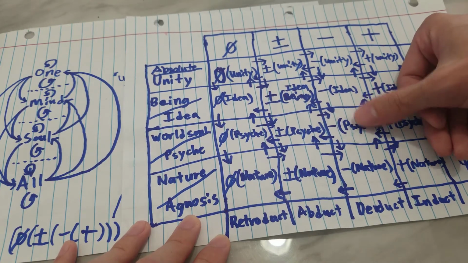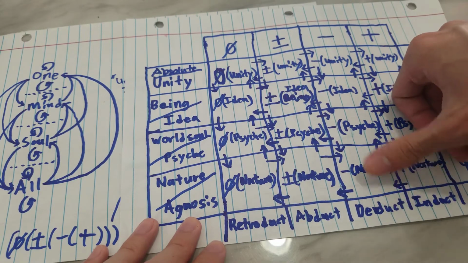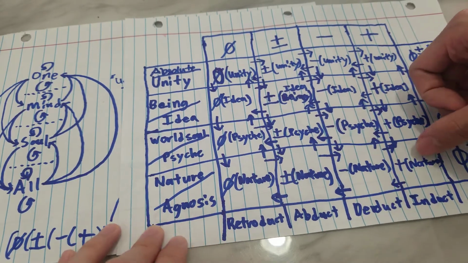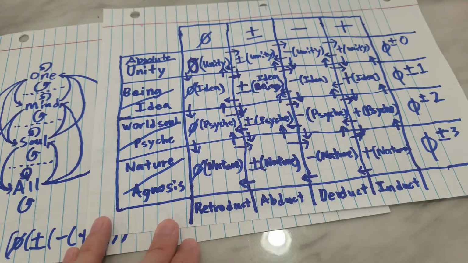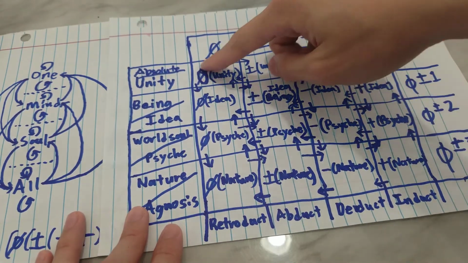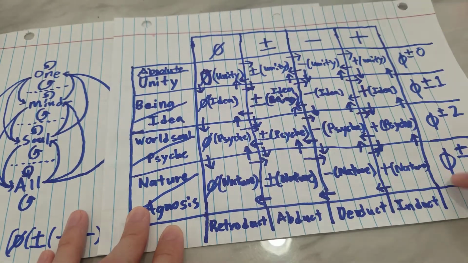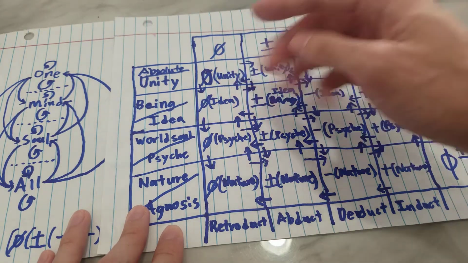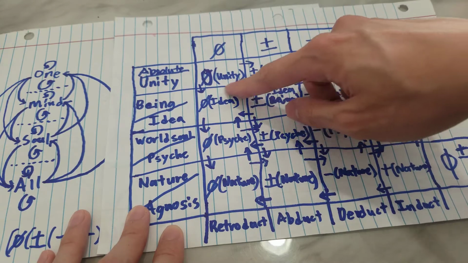The world soul or psyche is more of a deductive mode, and nature or gnosis is more in the inductive mode. So this diagonal here is the hypostatic paradigm, and everything else is besides this.